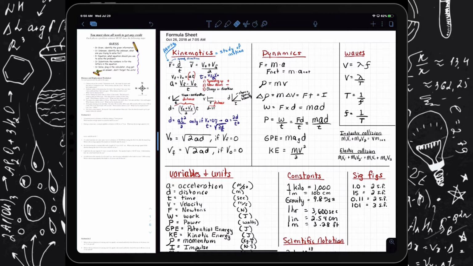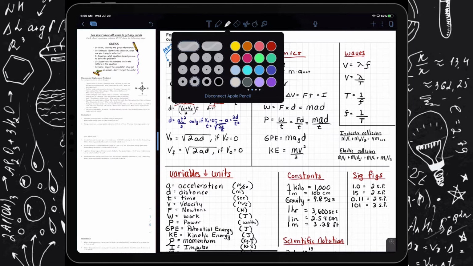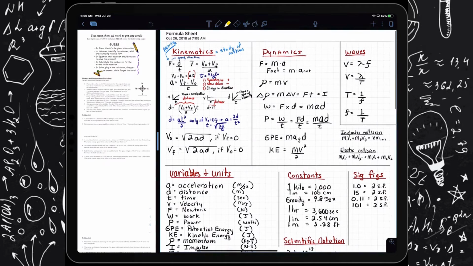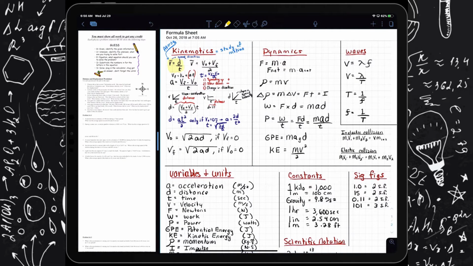See, I have the first part that we've been talking about, the kinematics, and we've gone over a couple of these formulas so far. We've gone over the average velocity, where we just take distance divided by time. We have the average velocity, where you take your two velocities, add them up, and divide by 2.